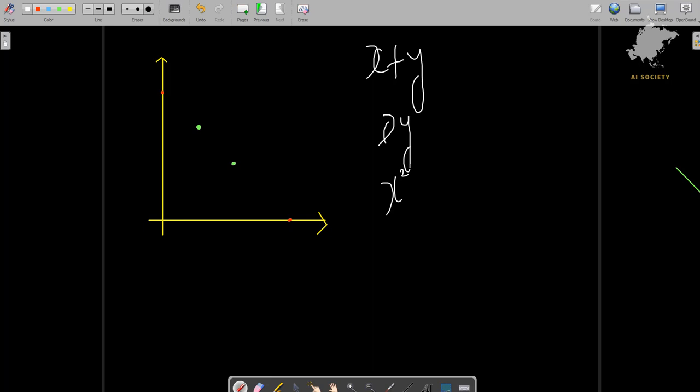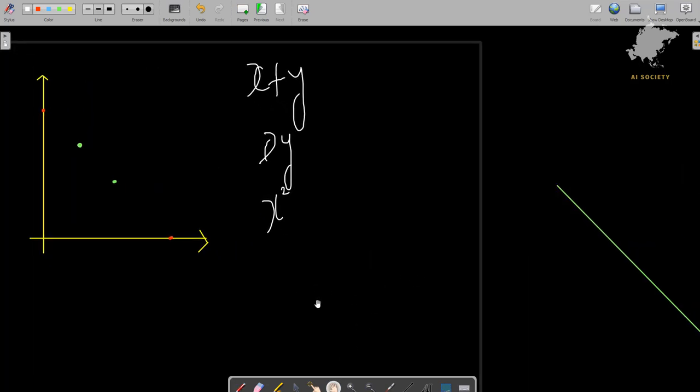Which of these three equations is going to help us to get the answer? What do you think? Okay, xy, what do you think? Just answer yourself.